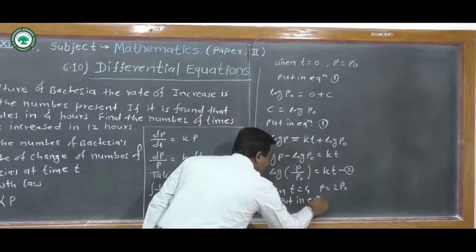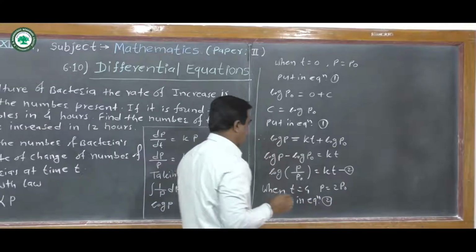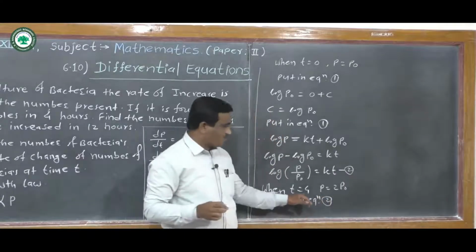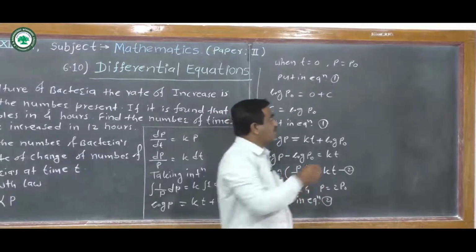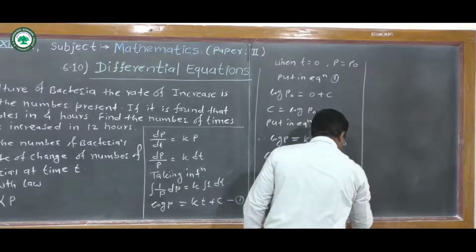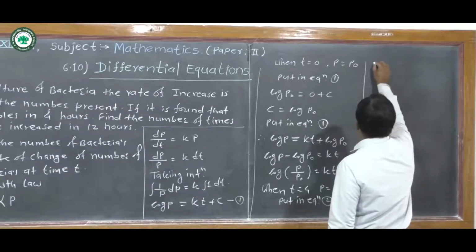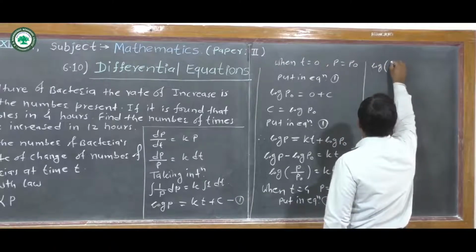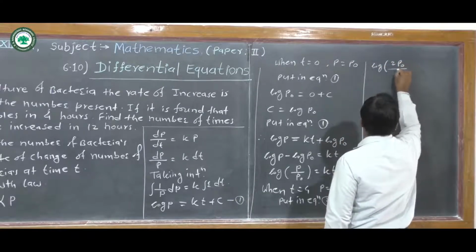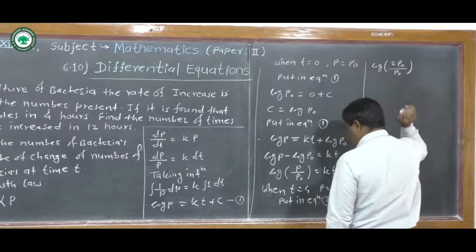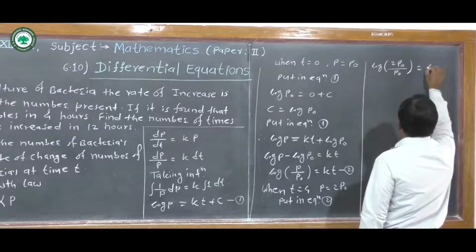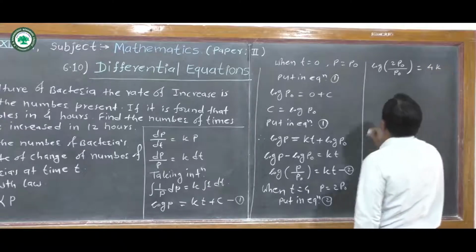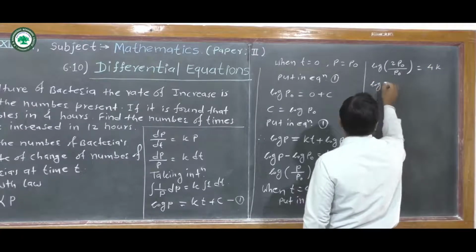Therefore, log of 2P0 upon P0 is equal to 4K.